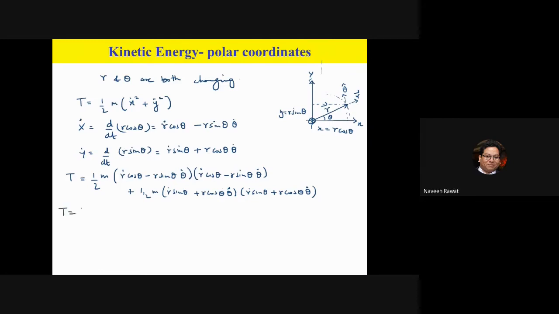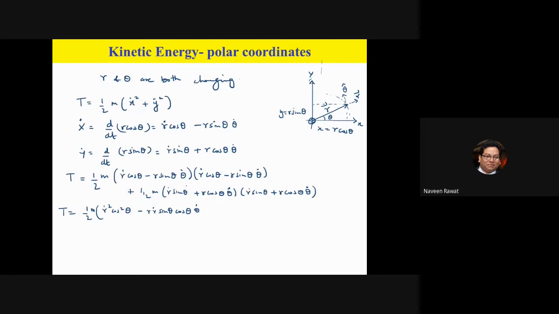So my first expression will be 1 half m, and I will get r dot square, and I have a cos square theta term. Then the second term is r dot times this r, so I have a minus here, and it is r dot, sine theta, cosine theta, and theta dot.